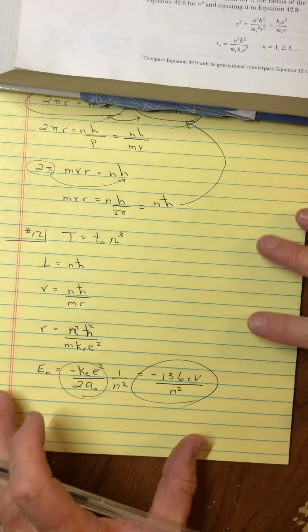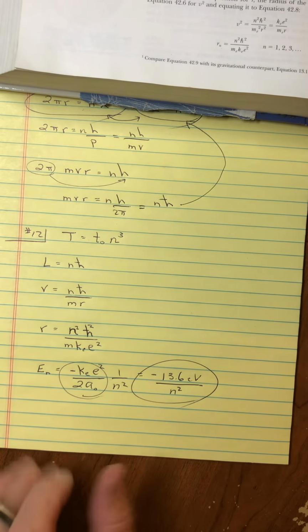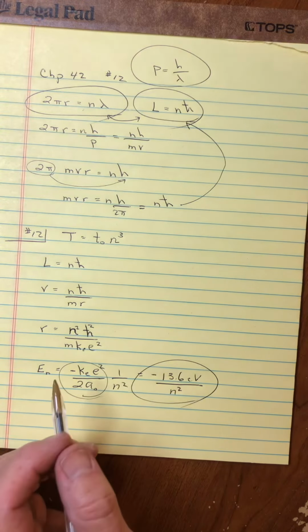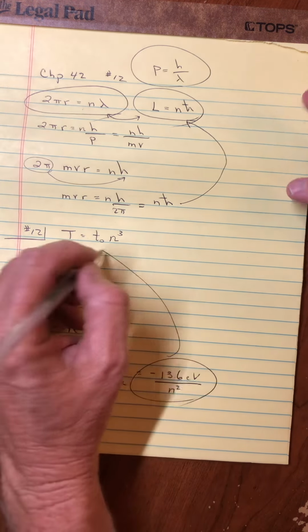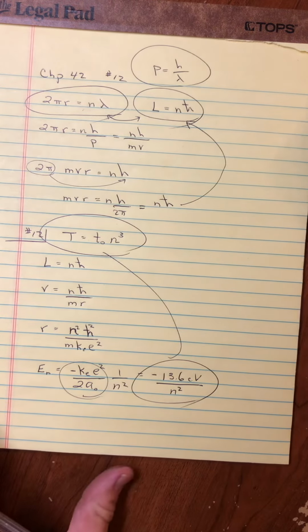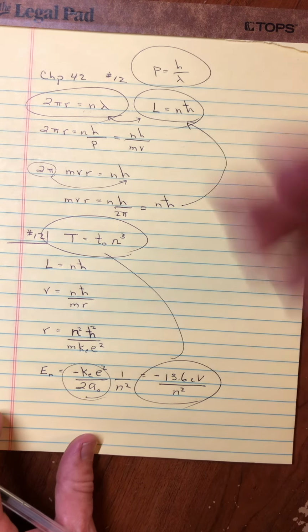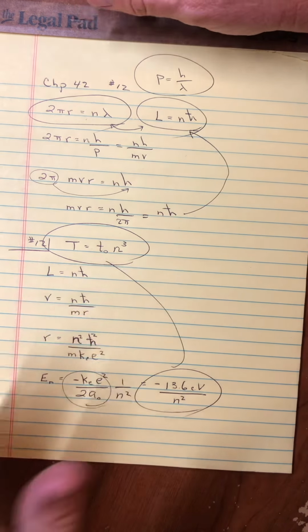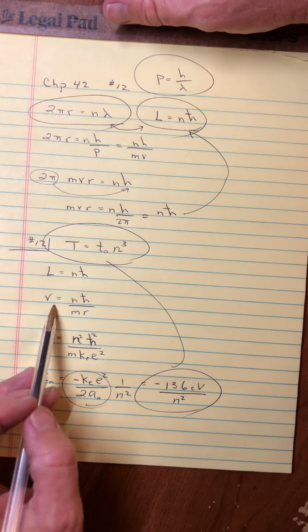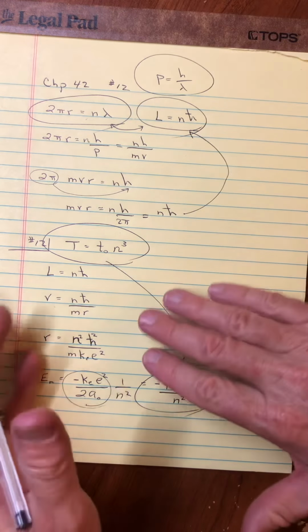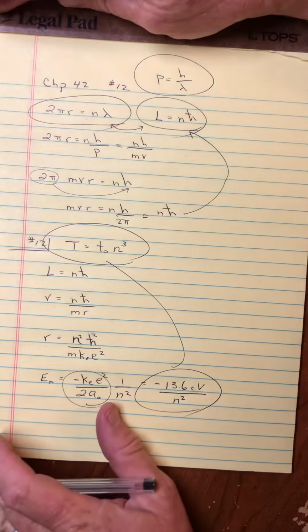There's the energy of it. I liked this problem because it covers something we haven't talked about: the time of an orbit would be quantized. It makes sense since velocity and position are quantized, then how long it takes to go around is going to be quantized.